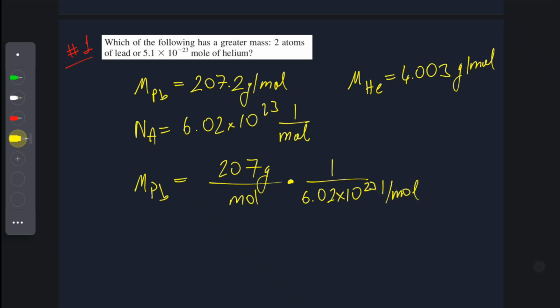So what happens? The mole comes here, since it is 1 over mole, and we have 2 lead atoms, right? And if you make the calculation, it becomes 6 times 8 times 10 to minus 22 gram. This is the mass of the leads.